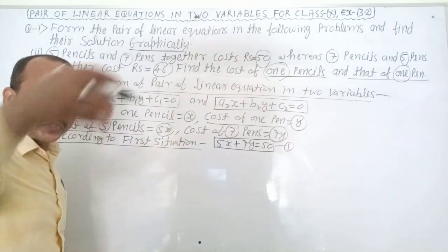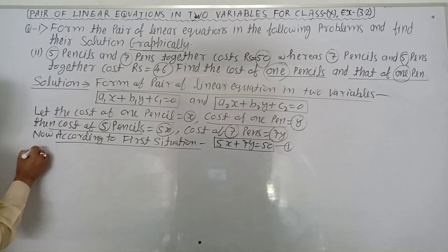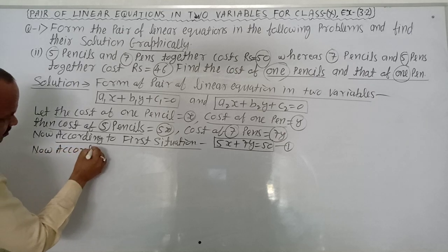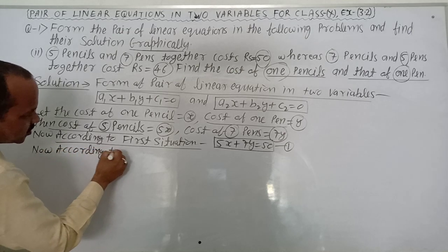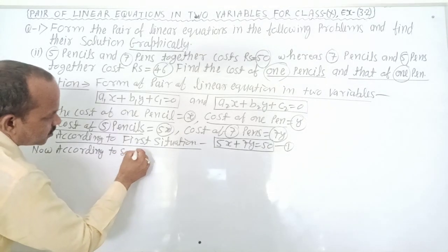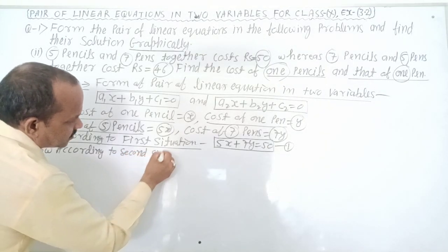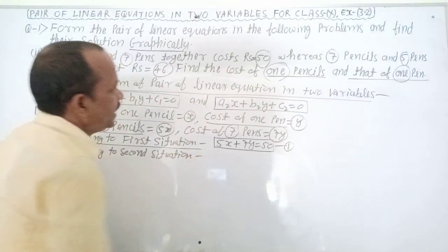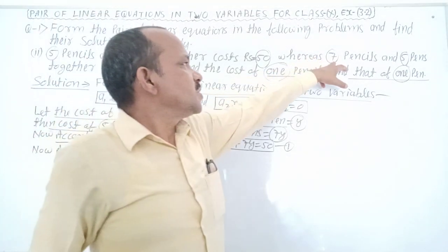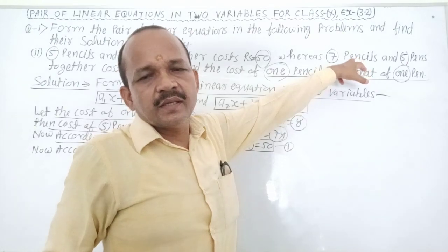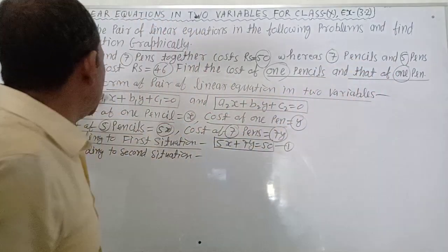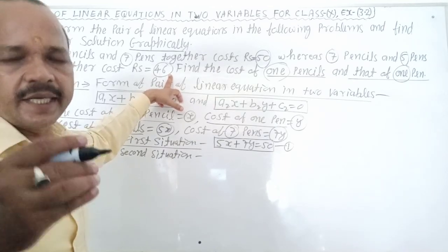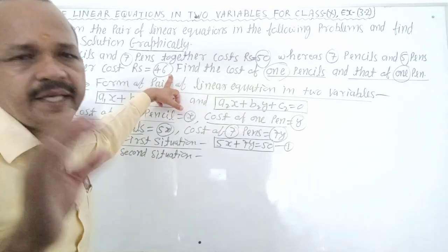Now according to the second situation, 7 pencils and 5 pens cost together 46 rupees. Clear?